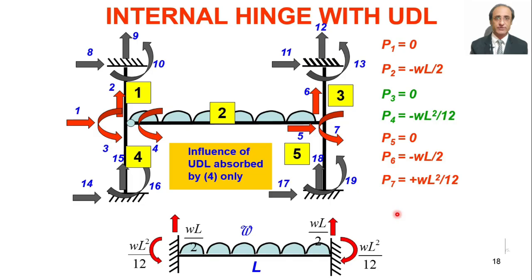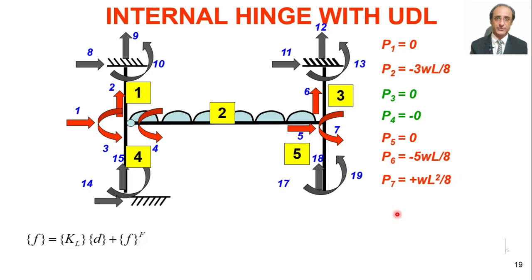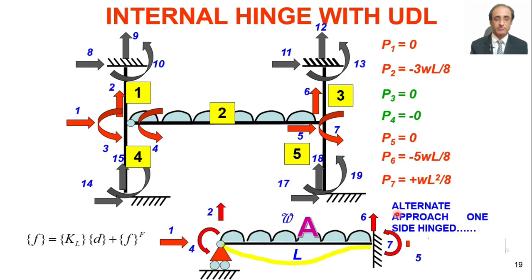Or alternatively, we can consider a different structure for the case of the fixed end forces like this, where we have assumed fixity at the right end, and at the left end we have deliberately kept a hinge. So remember that here we are showing degree of freedom 4 corresponding to this member, and not the degree of freedom 3. So here the various components of the equivalent joint loads will be different.